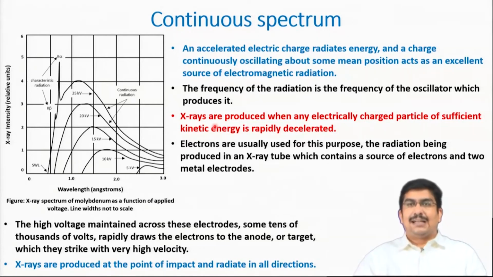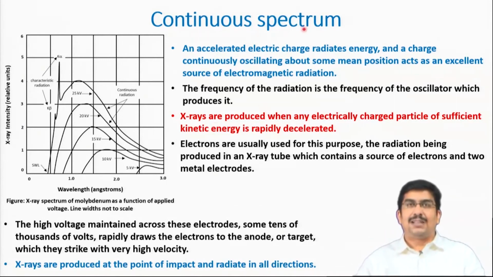Now X-rays are typically produced when electrically charged particles of sufficient kinetic energy are rapidly decelerated. So what happens is that you have accelerated charged particles, and that accelerated charged particle is rapidly decelerated, then that energy is emitted as X-ray.